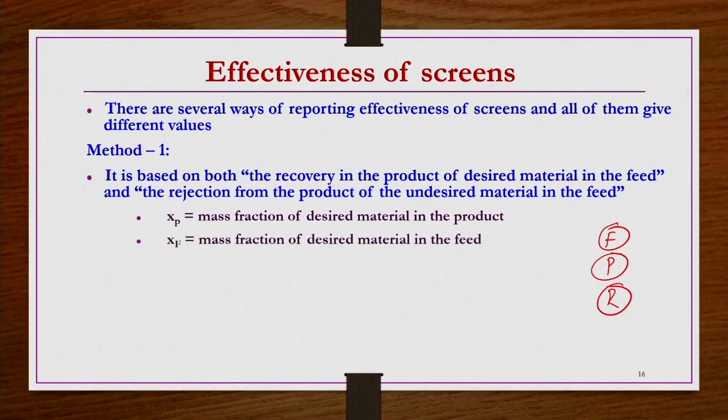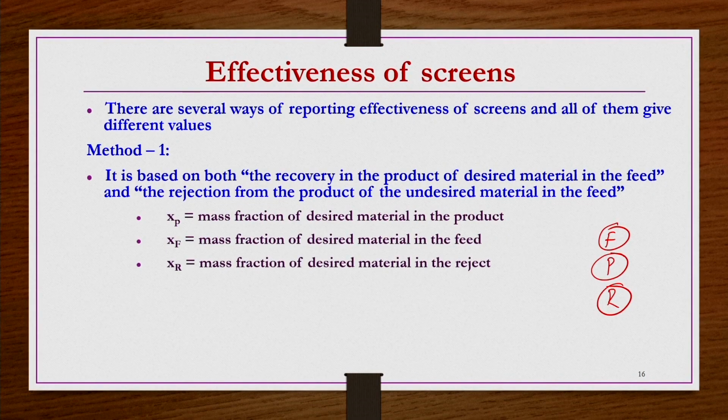Similarly, how much fraction of material in the feed has size 400 to 500 microns is XF. Likewise, the fraction in the reject is XR. I have taken 400 to 500 microns as a reference to explain; the desired size of the particle could be anything.